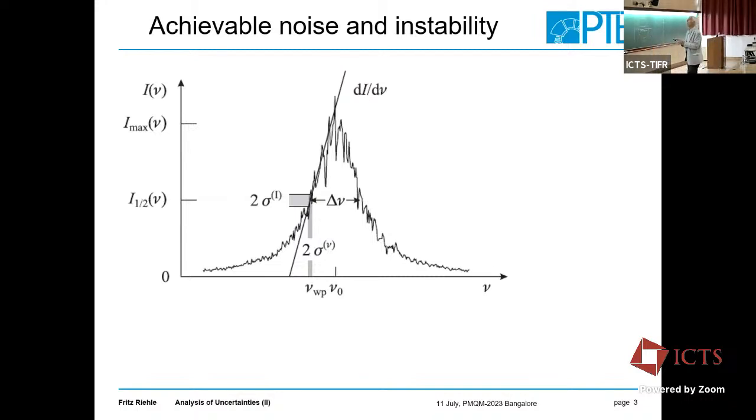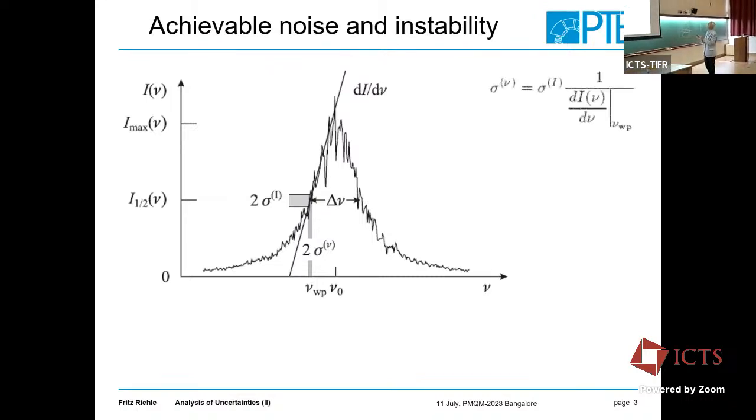If the center frequency of your laser is maybe here, then it will be here if you go a line width across. So you are not at the center, and you tune the frequency back towards the node. And if you have exactly the same intensity here and here, you believe you are exactly at the node. But this noise leads to noise in the frequency.